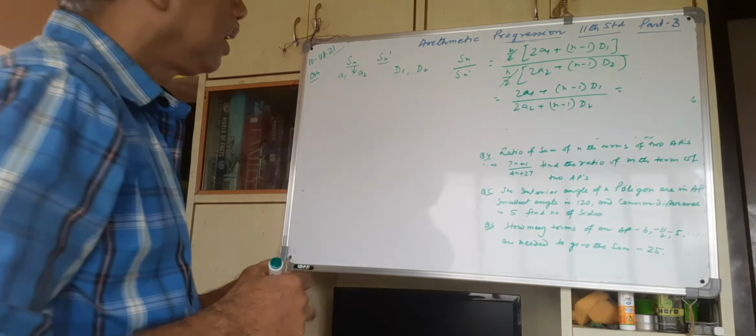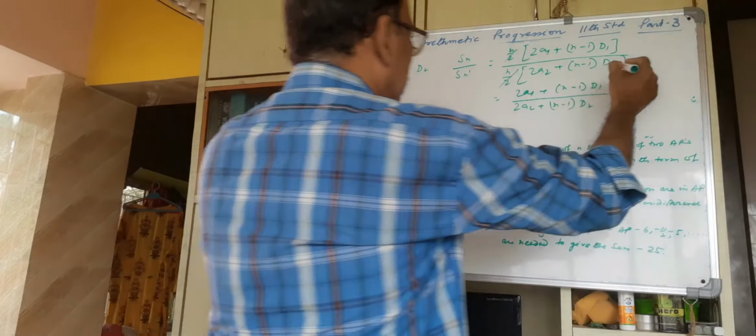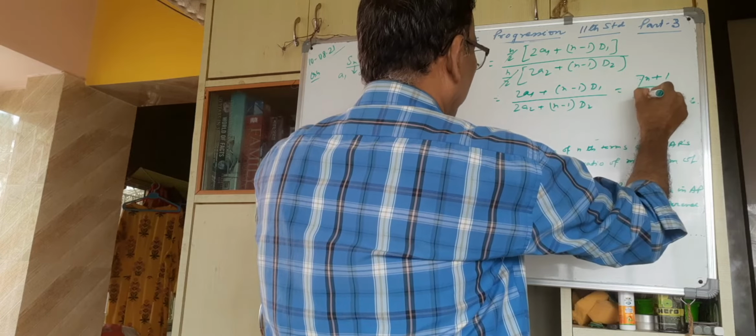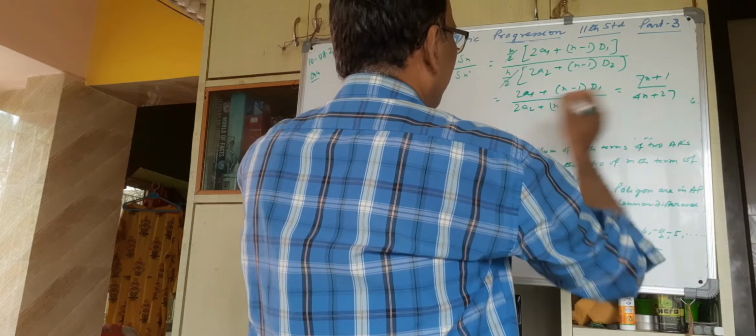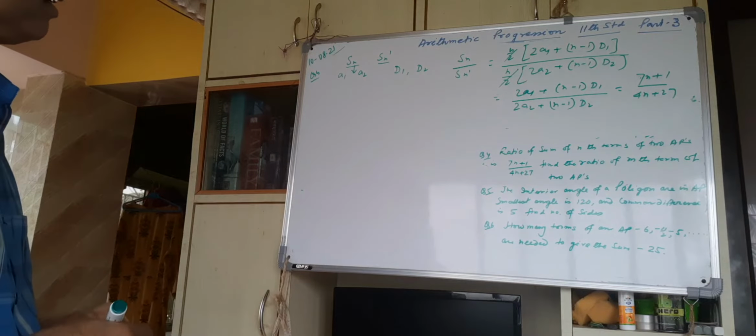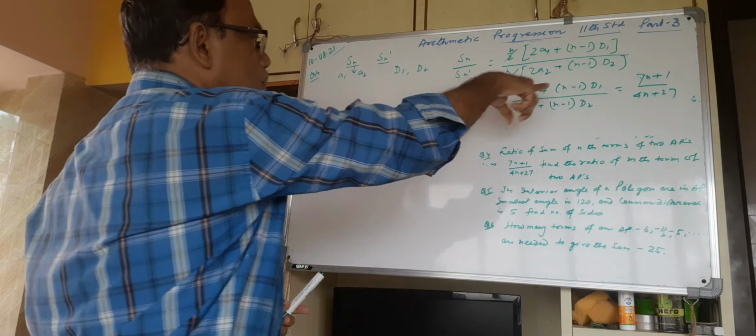This equals 7n plus 1 by 4n plus 27, which is given. The ratio of the sums of the two series is given.